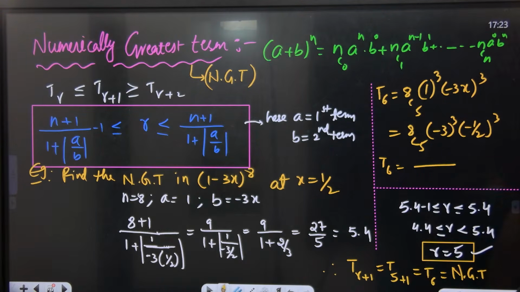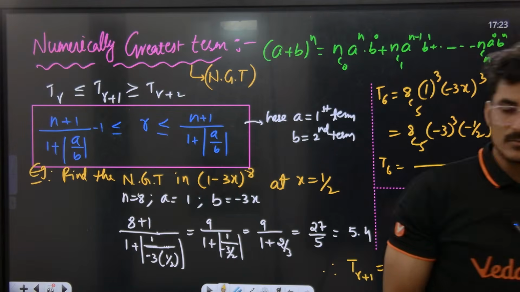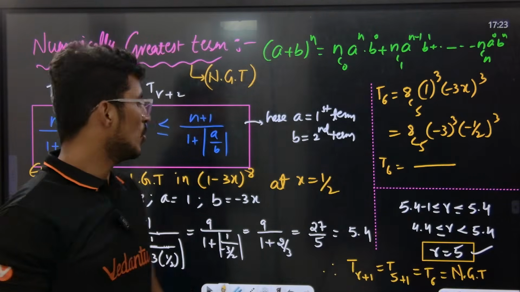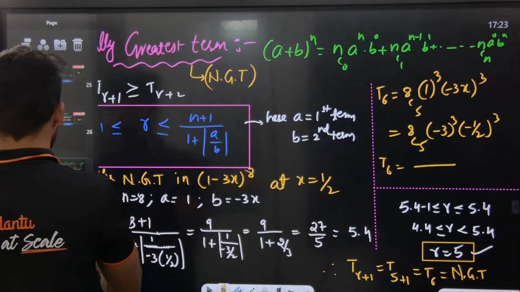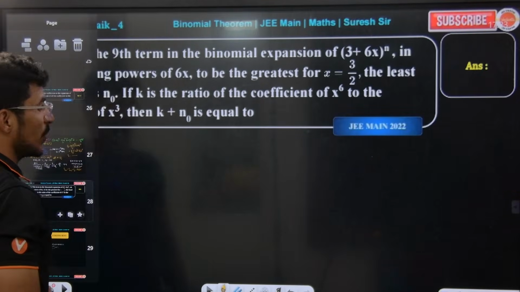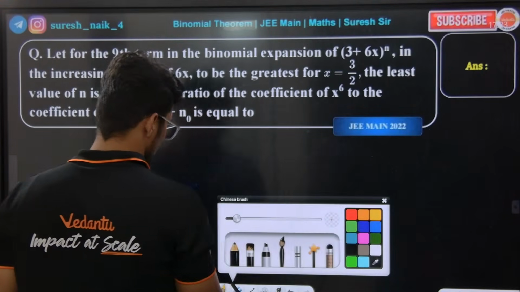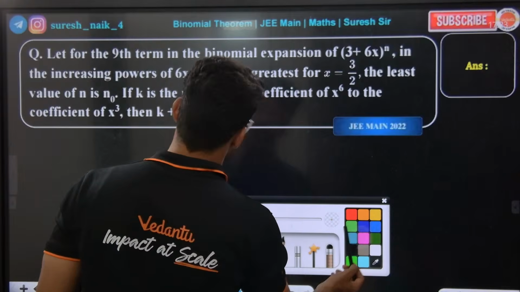Okay, yes sir. So next, now we'll try to see your JEE question. For the JEE question, if you see, you will understand that. In 2022 they have given one JEE question. What they have given here is simple logic.